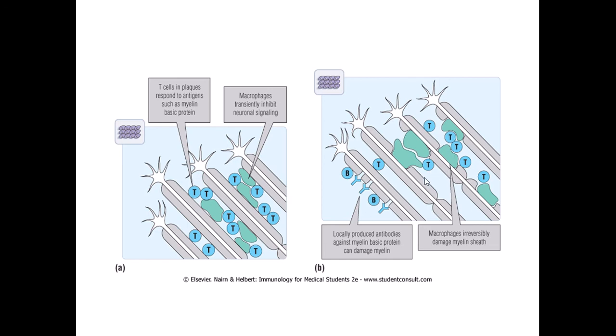As I said, it starts as reversible, and then in the relapse that will develop, it becomes irreversible, and permanent damage to neuronal cells is going to take place. So the activated macrophages are the ones responsible for the destruction of those neuronal cells in response to a reaction against the myelin basic protein that protects the neuronal cells at the beginning.